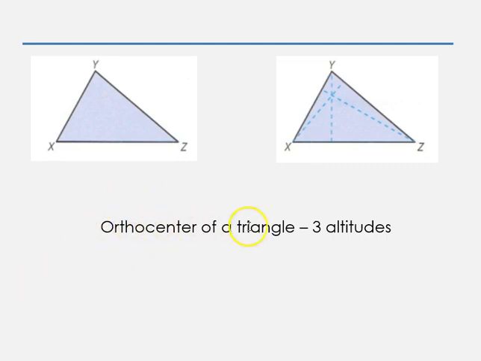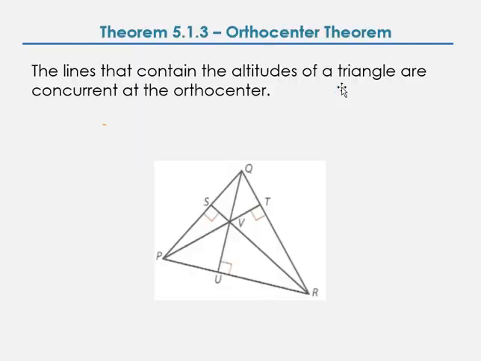Our next definition for centers of triangles is orthocenter, and the orthocenter uses three altitudes. The altitudes go from the vertex to the opposite side at a 90-degree angle. So theorem 5.1.3, the lines that contain the altitudes of a triangle are concurrent at the orthocenter.